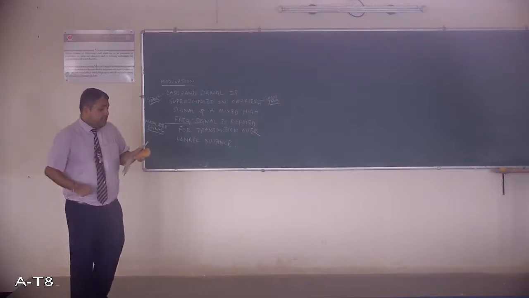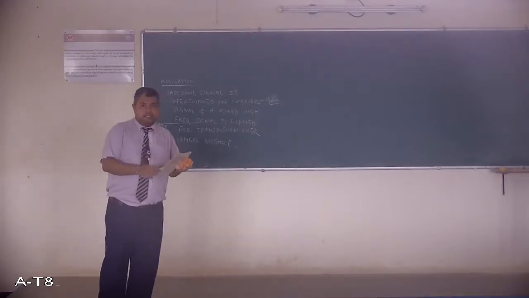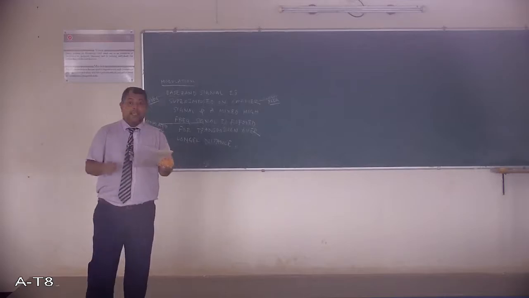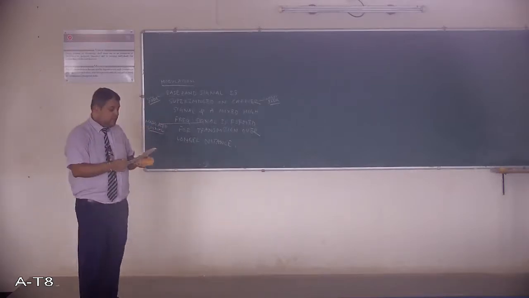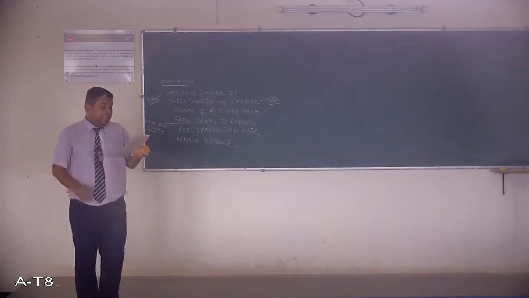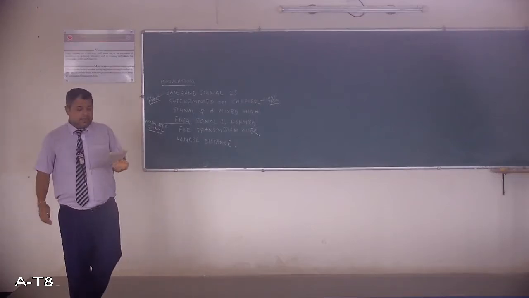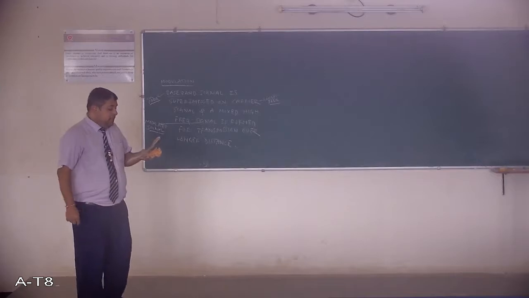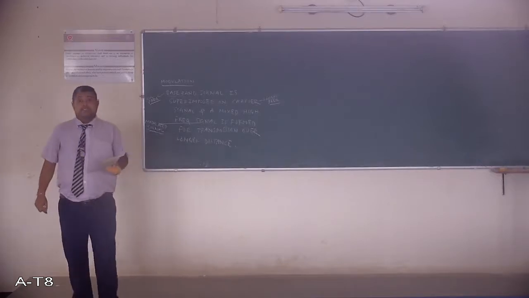A low frequency signal cannot travel a longer distance, as already discussed. A carrier signal of high frequency carries it for a longer distance. Low frequency signals get highly attenuated in the medium, and medium means it can be air or a simple cable. Their strength reduces very fast.